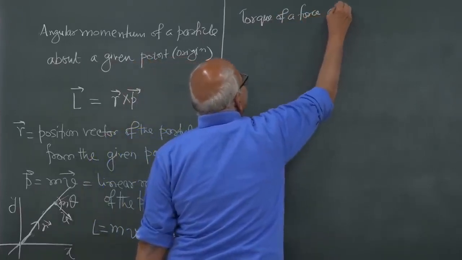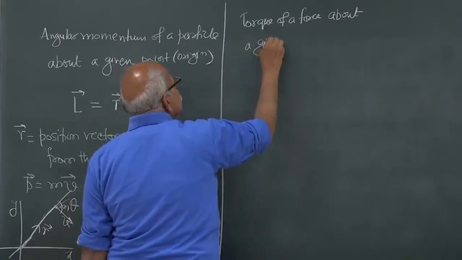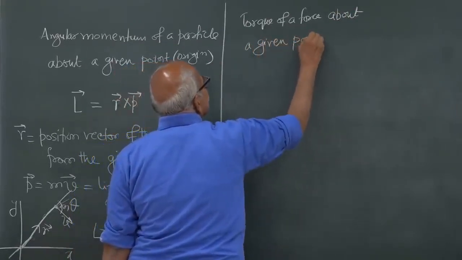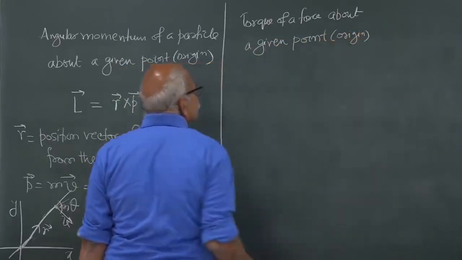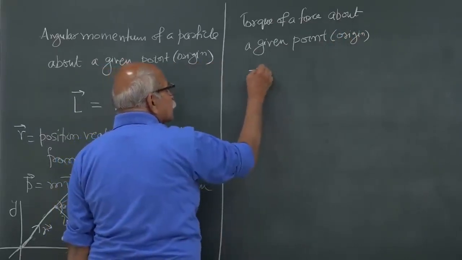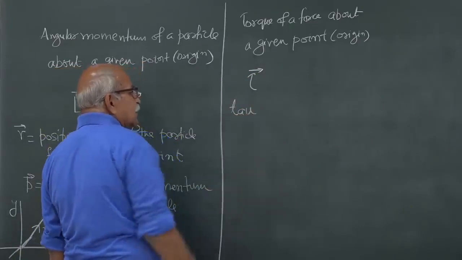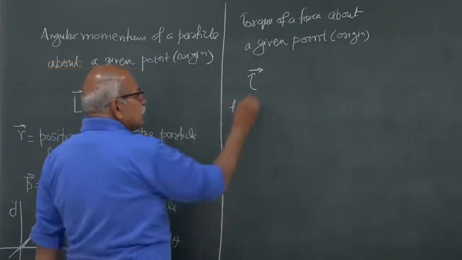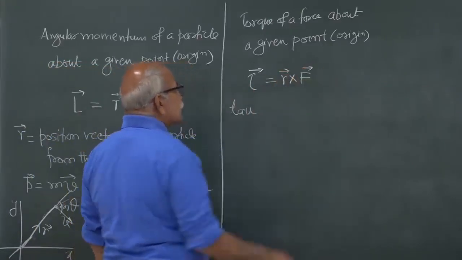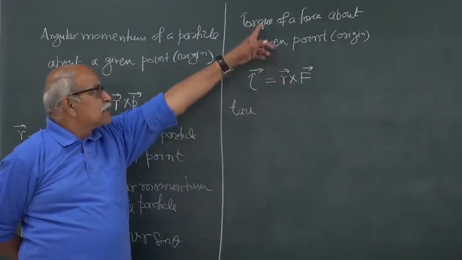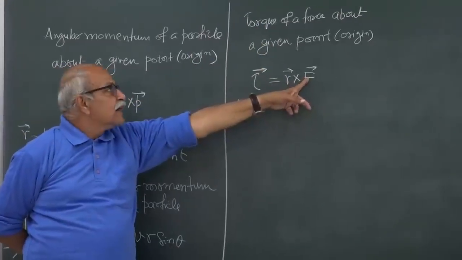Once again about a given point, which we will take as the origin, and that is written as tau vector, the Greek letter tau, T-A-U, with the vector sign, equal to r cross F. And once again F is the force, you want the torque of a force. So, where is that force? It is here, and about a given point.